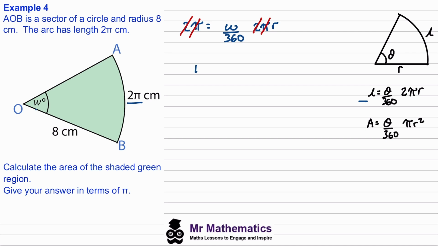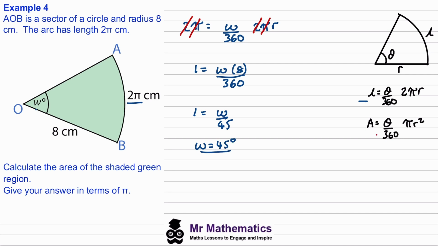So we've got 1 will equal the angle W multiplied by the radius of 8 over 360. And 8 is a factor of 360, so this will simplify and we'll get 1 will equal W over 45. So the angle W will be 45 degrees.